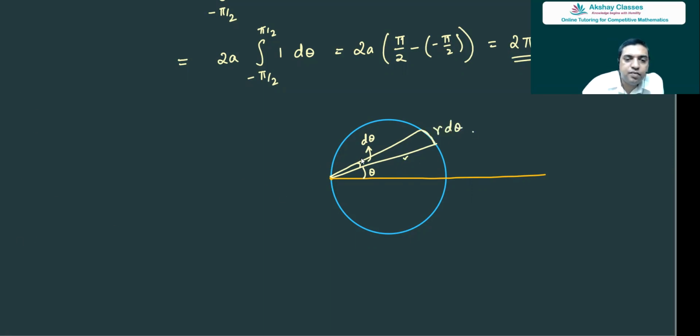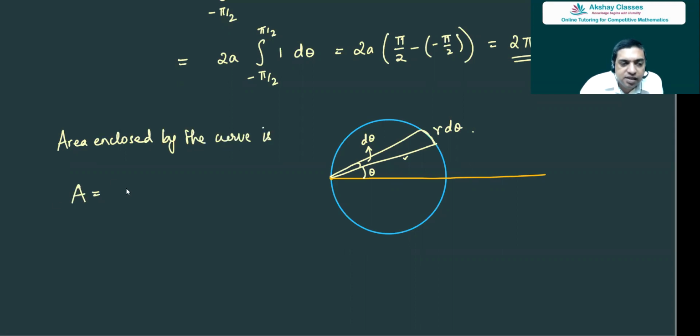Now integrate this strip. So area enclosed by the curve is, area is half r square d theta, this area of this particular sector.